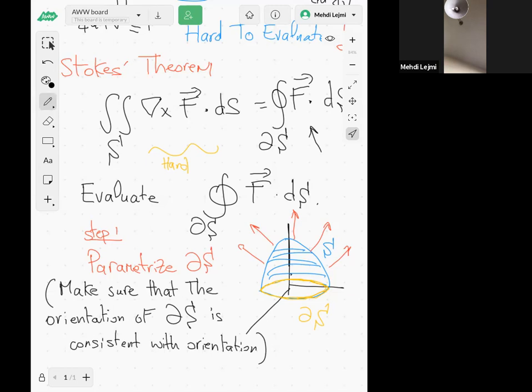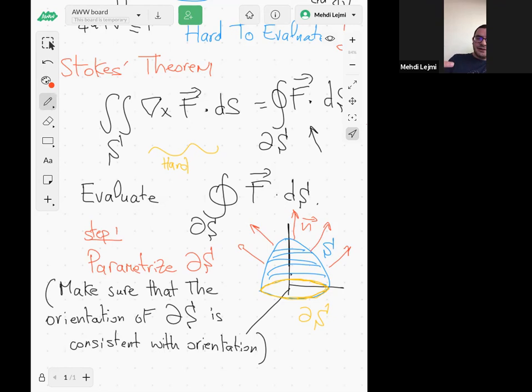Your thumb points along the orientation of the surface S, so that would be my normal vector. I'm using my right hand, so my thumb points along the normal vector, and my index finger points along the orientation of the boundary.